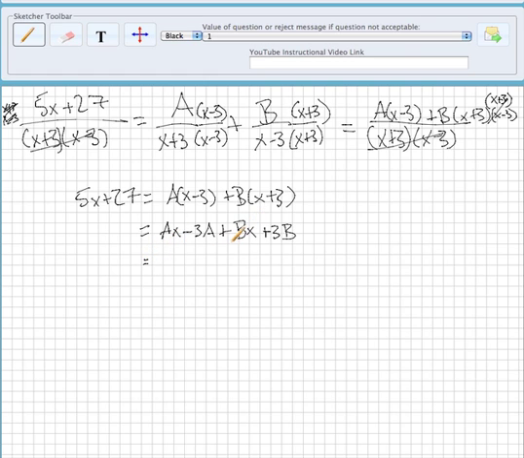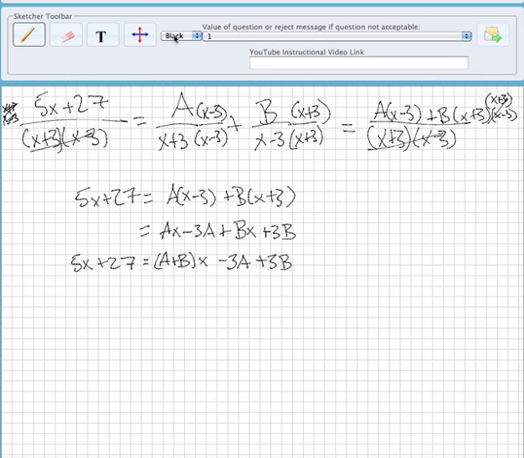So it's ax plus bx, and factor out the x. So it's going to be a plus b times x since we factored it out, and we'll leave the other ones the same. So it's negative 3a plus 3b. So now we have 5x plus 27 equals this side of the equation.